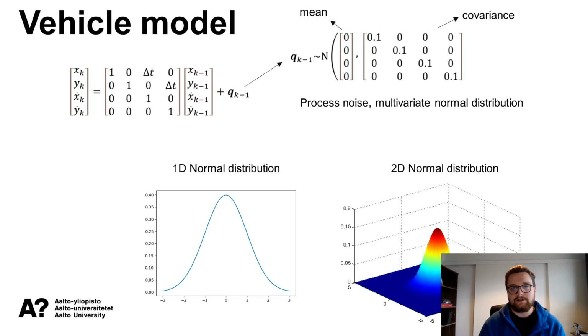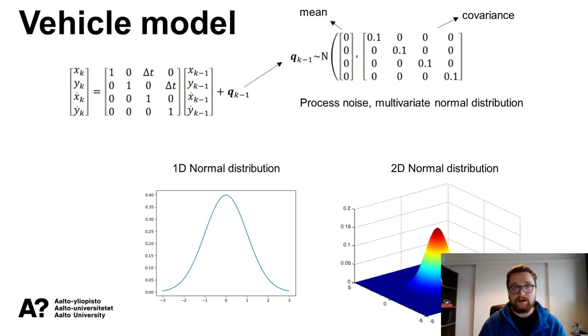This is basically just a random assumption we are making here. Defining this process noise, it's kind of a field of its own. So there are ways to make more accurate assumptions, but we are making a kind of very uninformative assumption, just assuming that there is a little bit of variance in each variable.